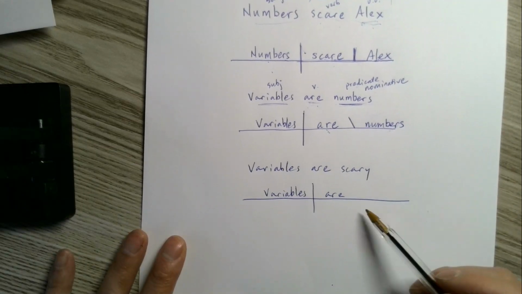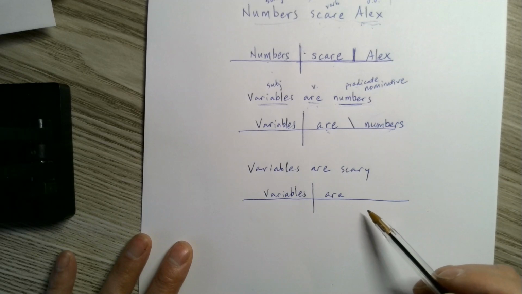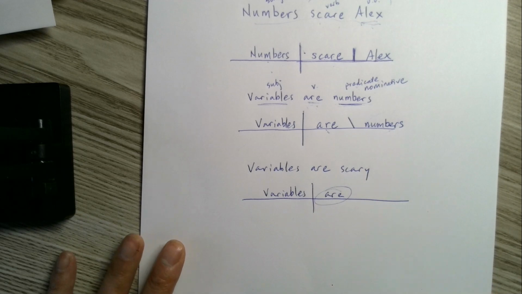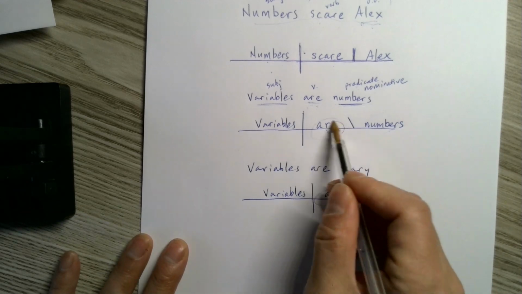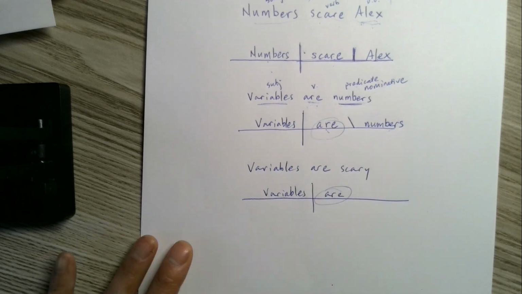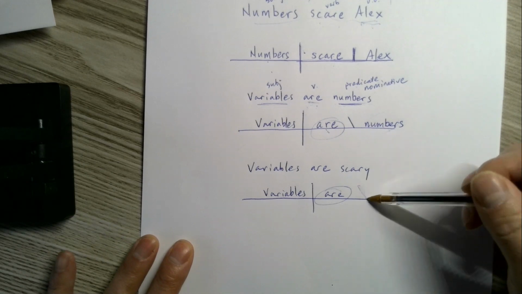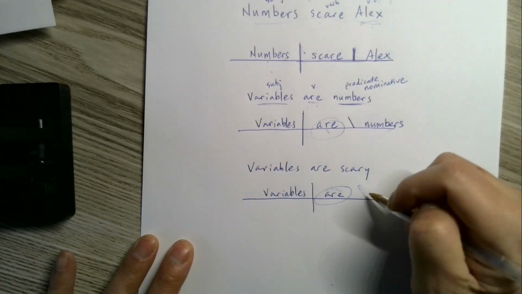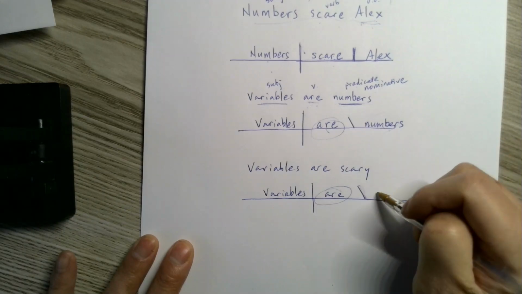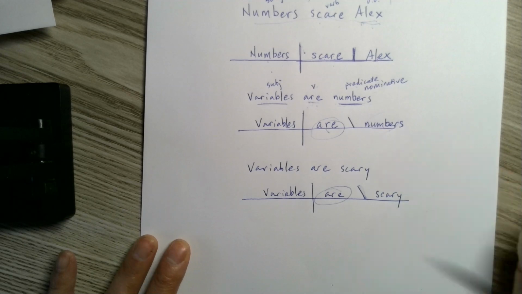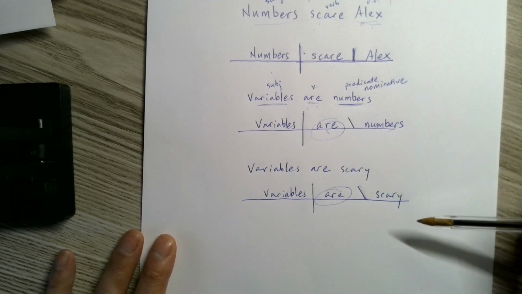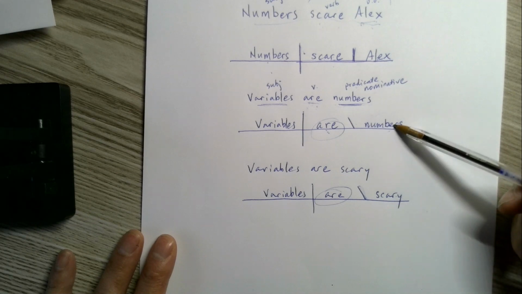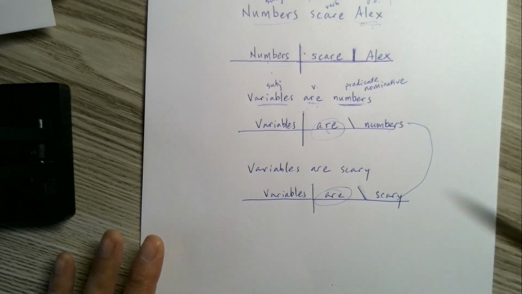And I'm going to stop here because I'm going to let you think about this. This is definitely the same kind of verb. It's the same verb as this. So the question is, should I use a backward slash like I did here? If I do, and I put scary here, then I'm saying that the word scary functions the same way as the word numbers. But do they?